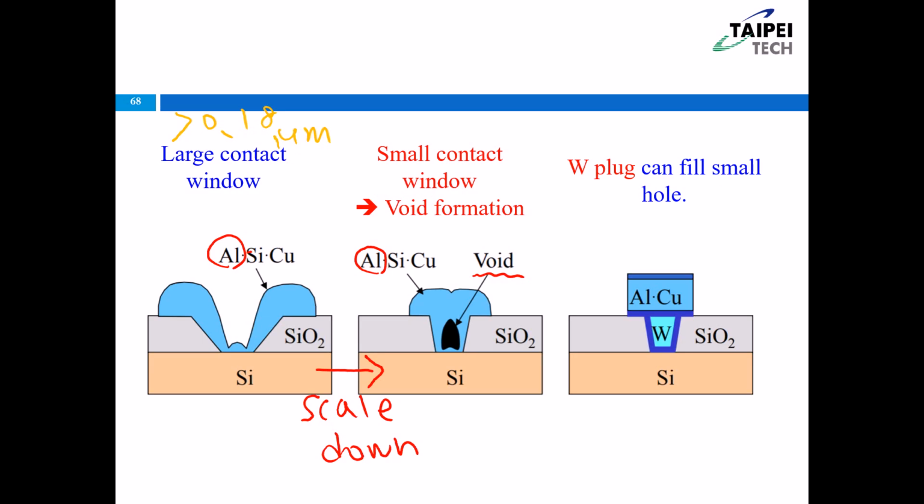Because it has a very poor ability to fill in the small hole, so it will leave the void inside here. OK, so that's the reason we use the tungsten. We use the tungsten here because the tungsten plug can fill in the small contact hole. OK, so we can call it tungsten plug.